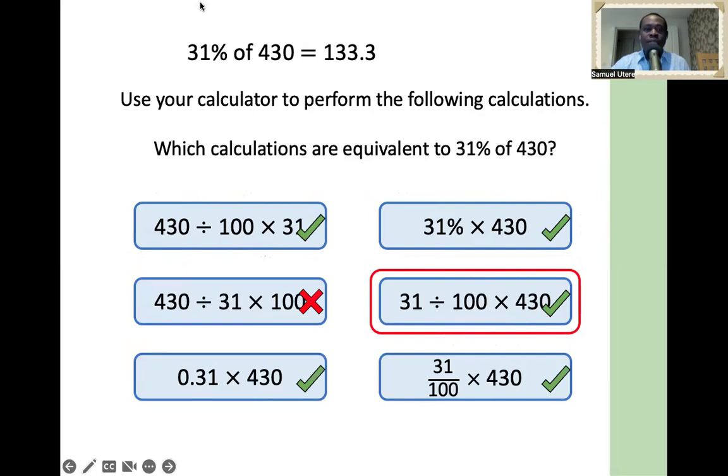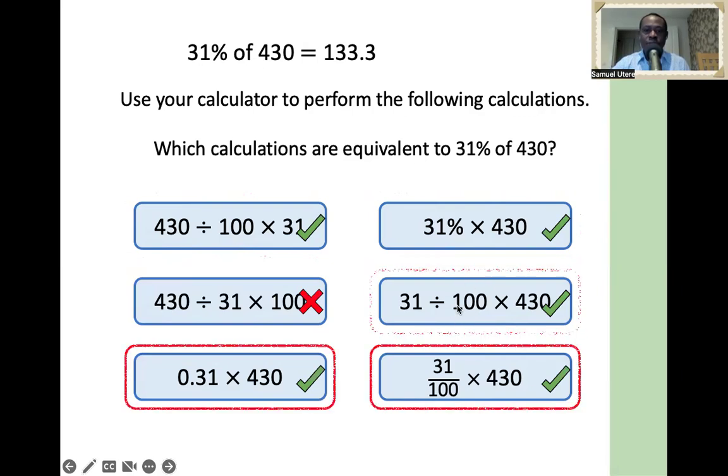Remember, your percentage sign means out of 100. So this is 31 hundredths, and it's the same thing as these ones here, because 31 divided by 100, which is 31 hundredths, is the same thing as 0.31, and it is the same thing as 31 out of 100. So remember, we can express division as a fraction and a fraction as a division.